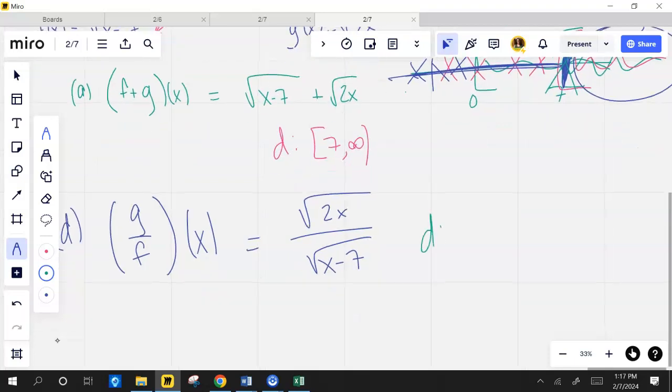Exclusive, you're exactly right. So I say start at 7, but don't be 7 because 7's bad, and go to infinity. If you put 7 in there, you get 0 on the bottom, undefined.